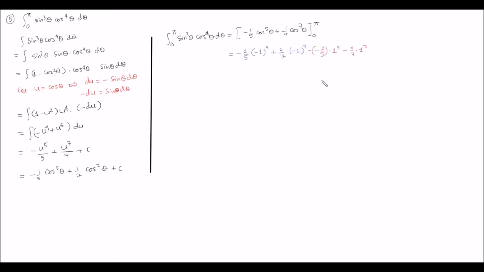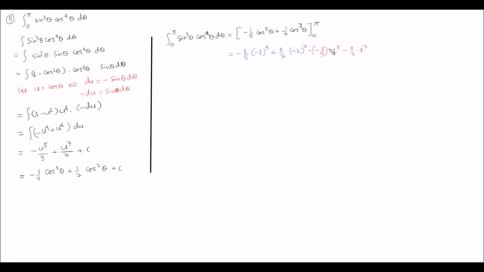Here you can see that we have plugged in pi into this expression, which would be negative 1 by 5, and cos pi is negative 1 to the power 5. So that's fine. Then this is 1 by 7 and cos pi is negative 1 to the power 7, minus 1 by 5 is there, and cos 0 is 1.